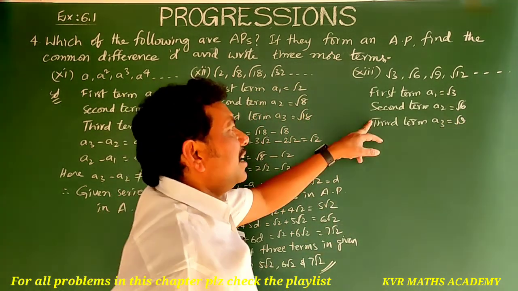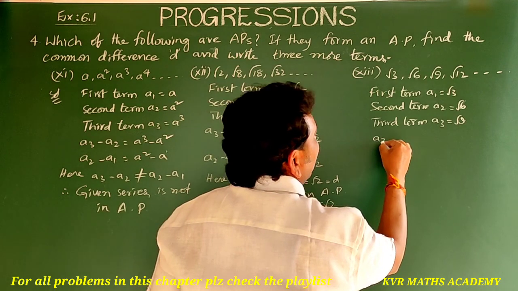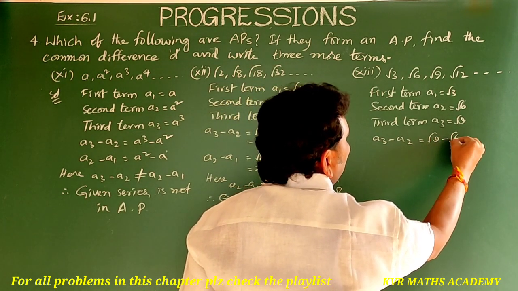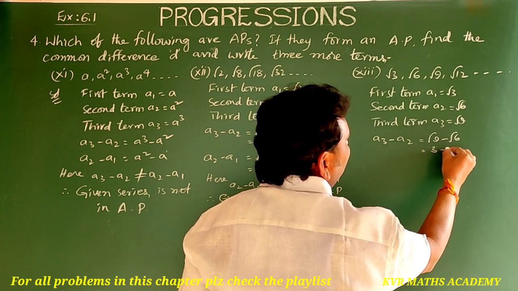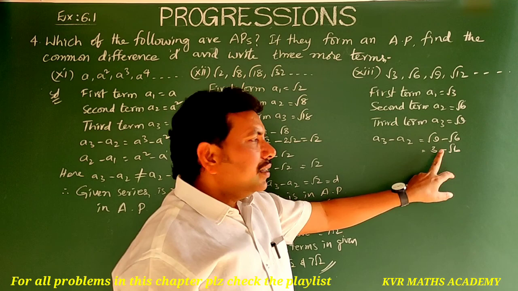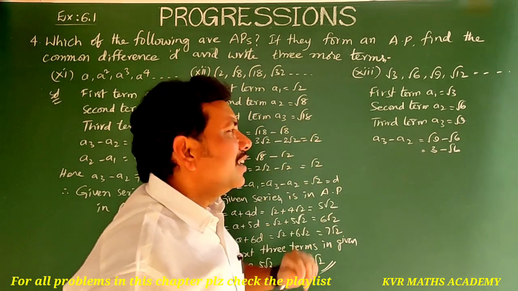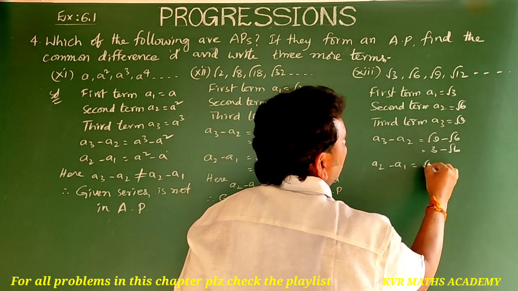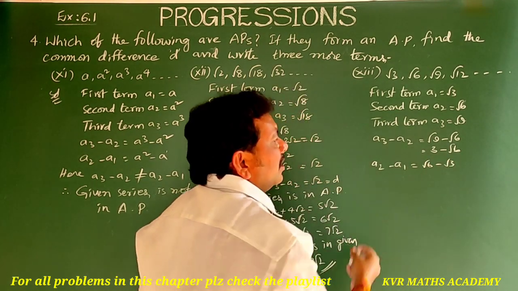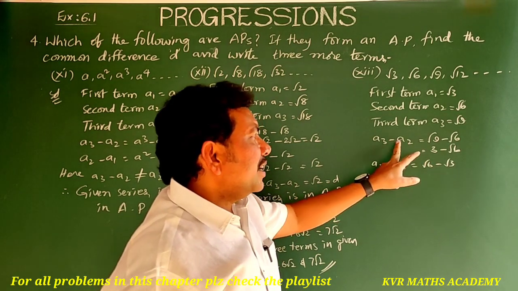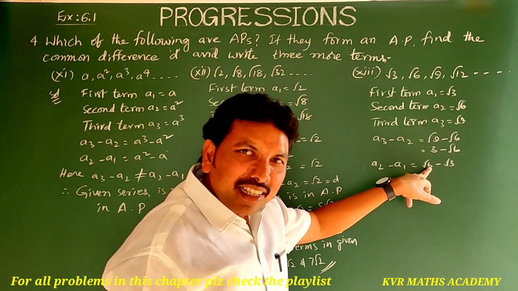Yes, let us find a3 minus a2, that is root 9 minus root 6. Root 9 is 3, minus root 6. So keep it like that: 3 minus root 6. Next, a2 minus a1, that is root 6 minus root 3. So these both are not equal. Na? a3 minus a2 is not equal to a2 minus a1.